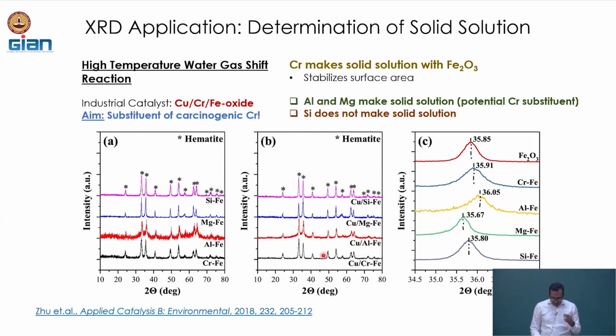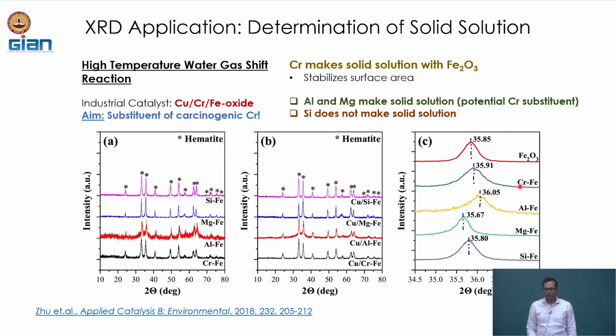Looking at these diagrams, it seems all of them have almost the same XRD pattern, but if we zoom in to the most significant phase of Fe2O3, which is present around 35 2 theta degrees, we can see that iron oxide has a peak at 35.85 2 theta degrees.